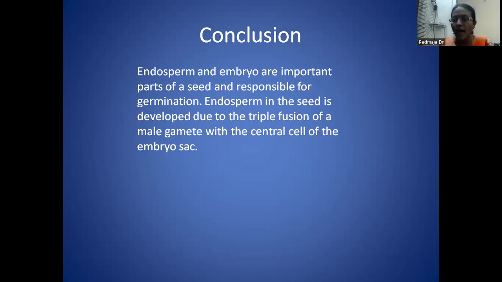Polyembryony means the formation of more than one embryo, and this condition is called polyembryony. There is false polyembryony and true polyembryony. In true polyembryony, cleavage polyembryony and adventive polyembryony have more importance and significance in hybridization and horticulture.